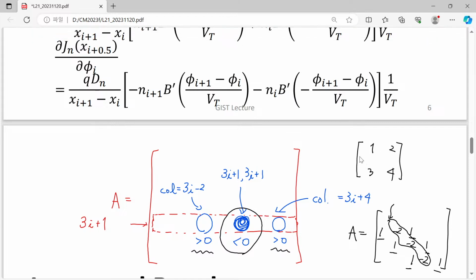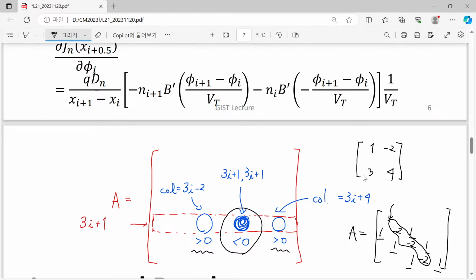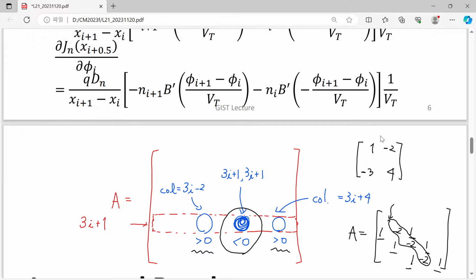signs. However, if we have minus and minus, then we can say that all diagonal components have a distinct sign, and all other off-diagonal components have the opposite sign. That is quite impressive, and that is quite important.